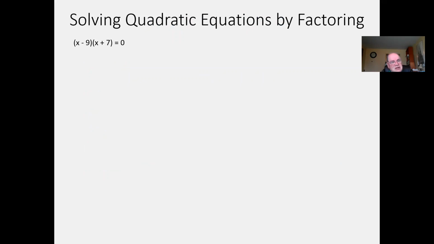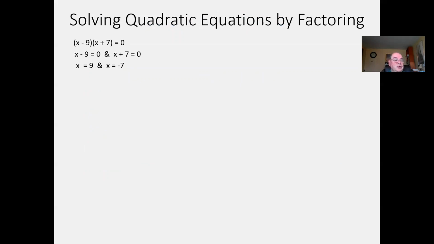So if x -9 and x plus 7 have their product as 0, one of these must be 0. Either x -9 is 0 or x plus 7 is 0. And those are two tiny little equations which can be solved by bringing the numbers over across the other side of the equal sign and changing their sign. Okay, those equations become x equals 9 and x equals -7.